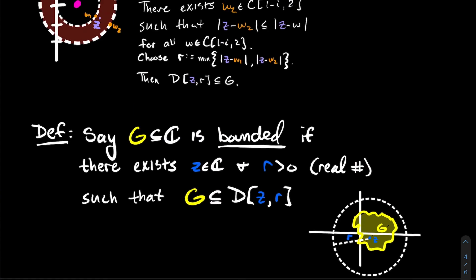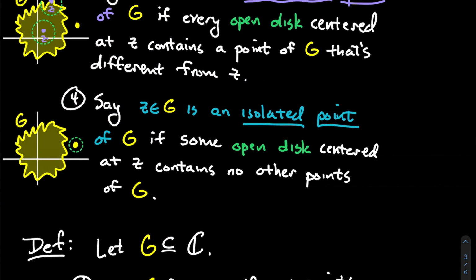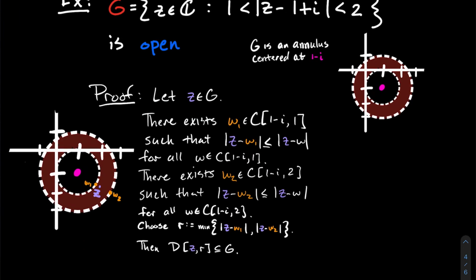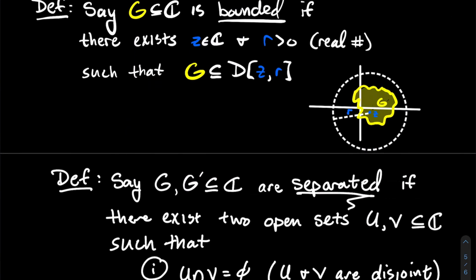Or if you allow me to scroll back up here, if I was to think about this set G, it's got that little point outside, so that would not be a connected set either. Whereas if you take this annulus, an annulus is a connected set. It's not possible for me to disconnect the reds somehow by two non-empty separated sets. And similarly, this little blob G that I drew here, that blob would be a connected set.